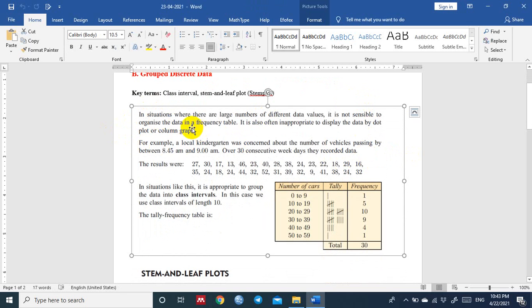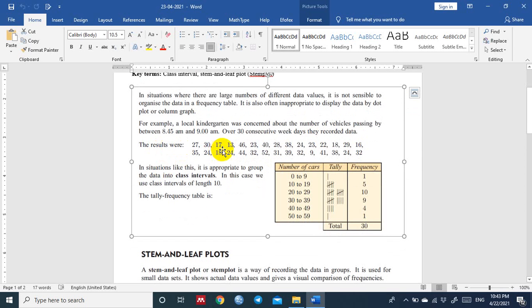For example, in a situation where there are a large number of different data values, it is not sensible to organize the data in a frequency table. It is also often inappropriate to display the data by dot plots or column graphs. For example, a local kindergarten was concerned about the number of vehicles passing between 8:45 a.m. and 9 a.m. Over 30 consecutive weeks they recorded the data.